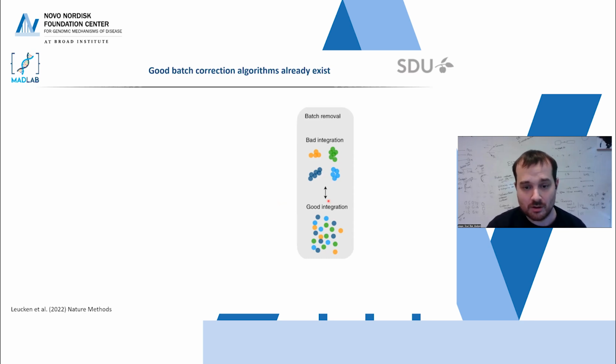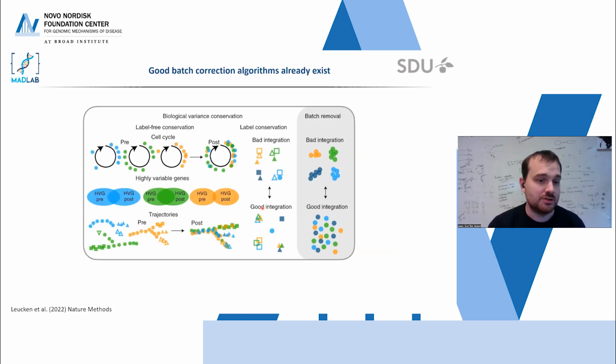In other words, how mixed are the batches after integration. And crucially, I think they also evaluated how much biological variance is conserved after batch correction. They did that by different approaches, such as the conservation of highly variable genes before and after batch integration.